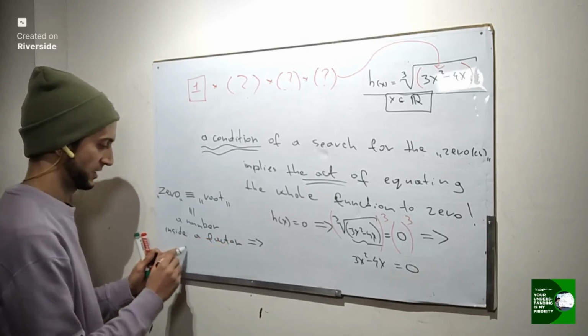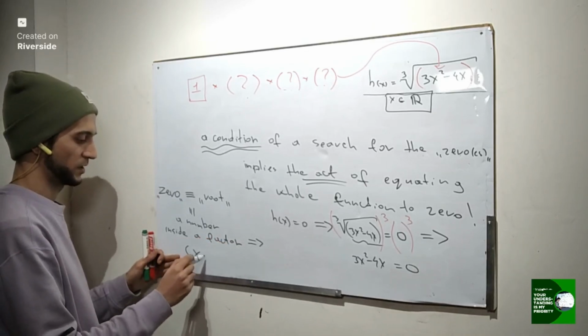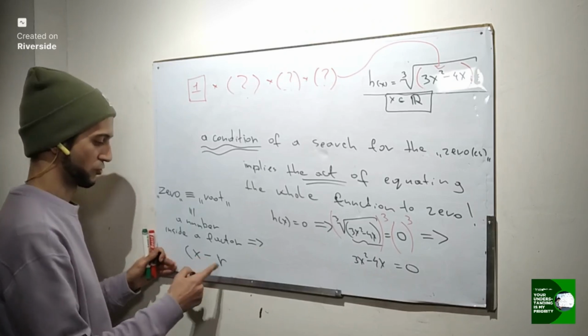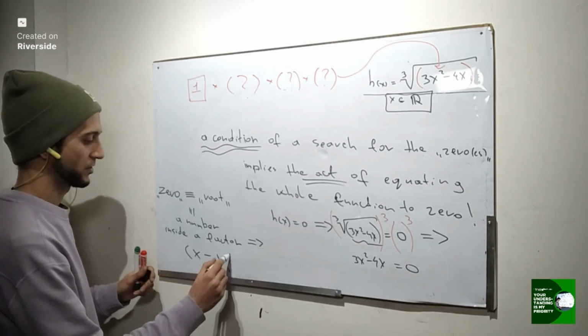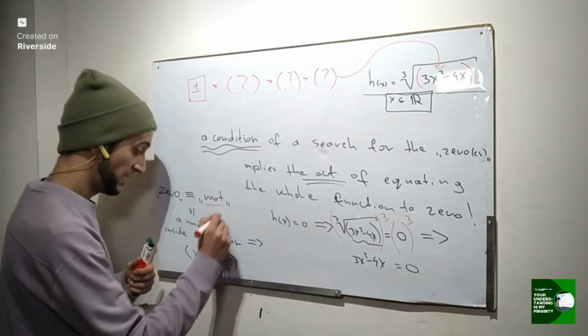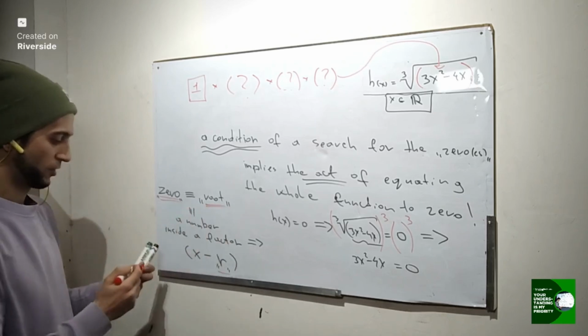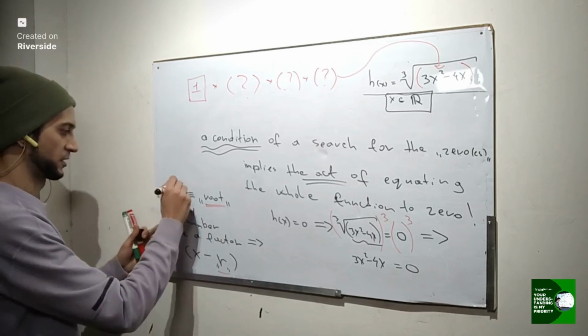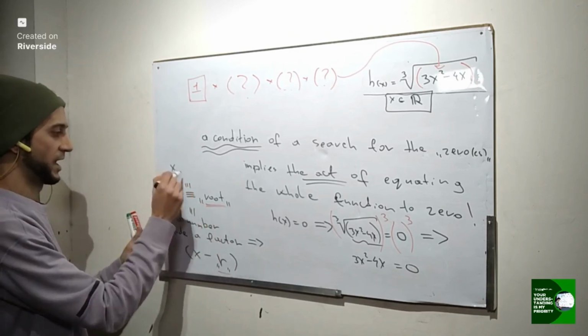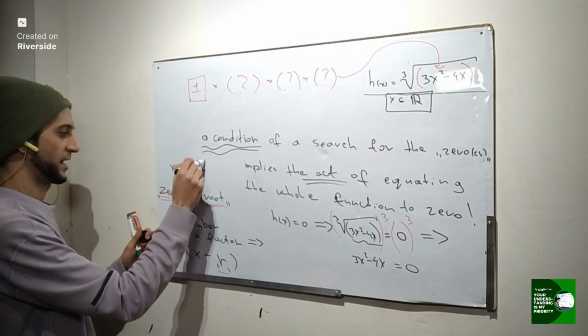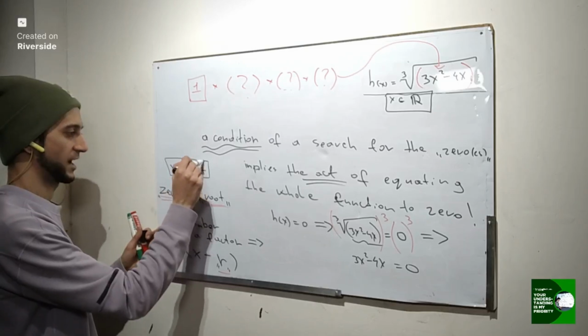A factor is always x minus some number, and I'll call it, let's say, just r, root. So whoever that number is, he is the root. He is the zero. The root of the zero. There's another name for them, x-intercepts. Places on a graph that actually get in touch with the x-axis.